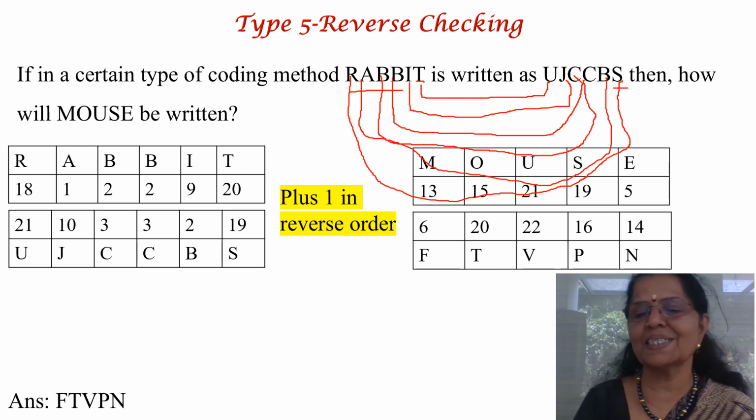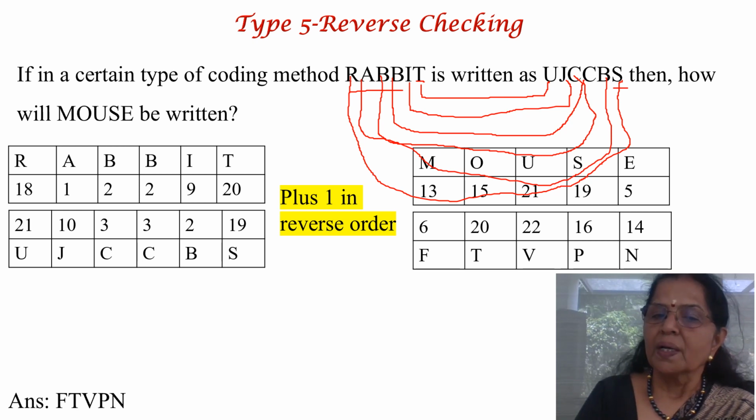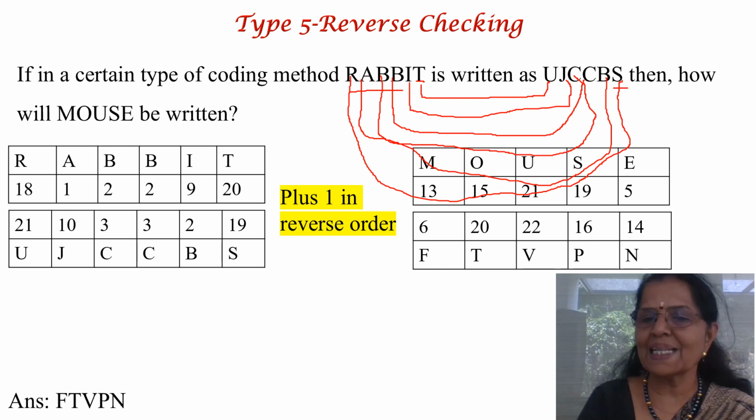So this is reverse checking. So there is a pattern. We found the pattern. So they are written reversely, but plus one, the next letter.